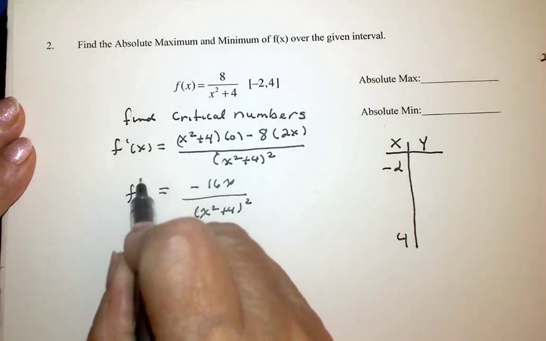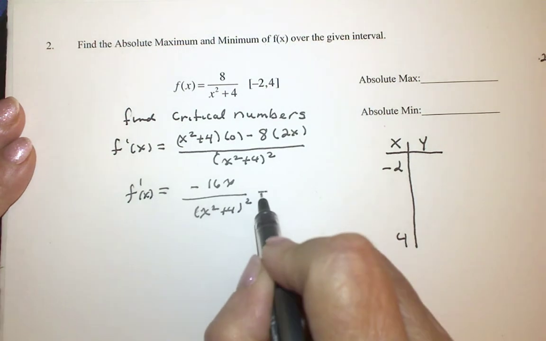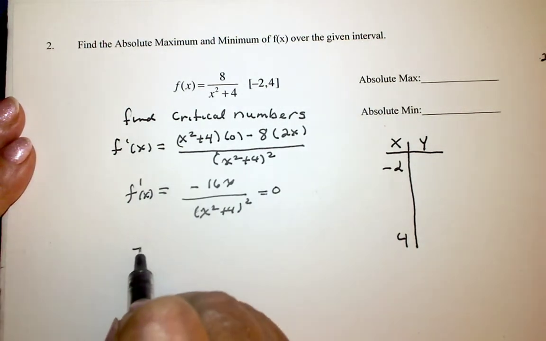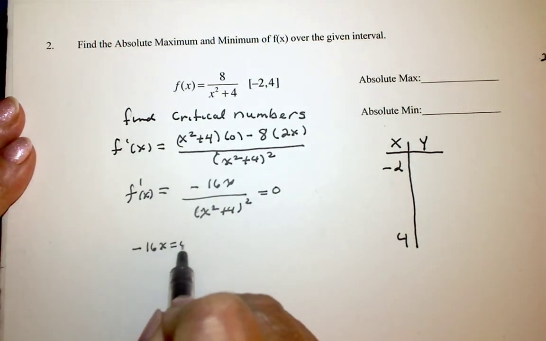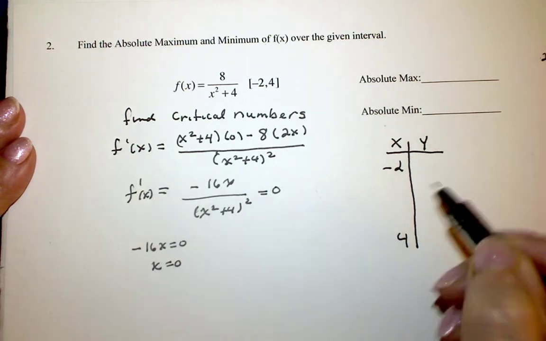So there's your derivative. Set that equal to 0. Well, that's when -16x equals 0, or x is 0.